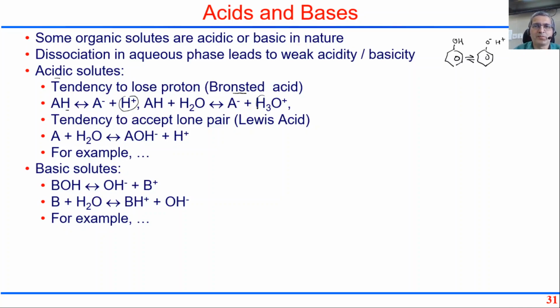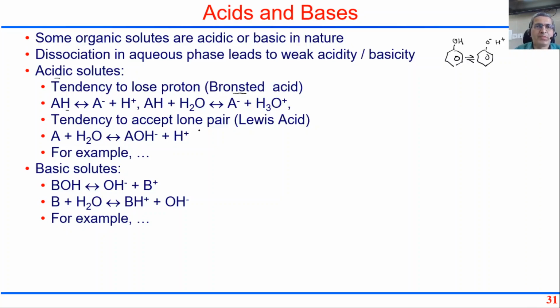It exists as a protonated or a hydrated or a solvated proton. So you would say that AH reacts with water to give you A minus, and H plus combined with H2O, so that is H3O plus. That is a Bronsted acid.